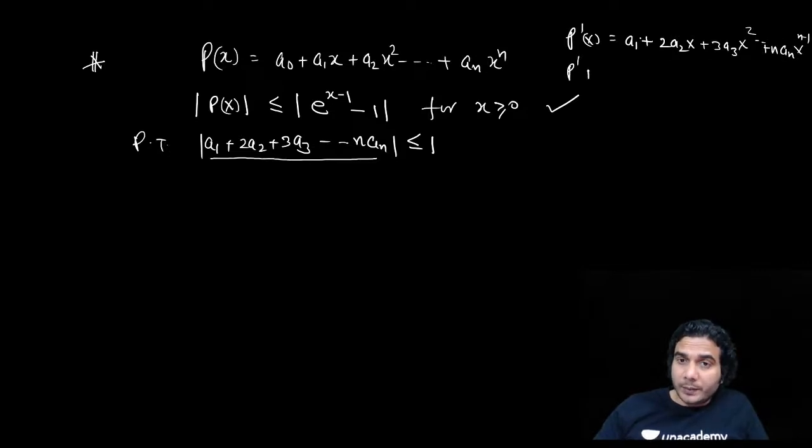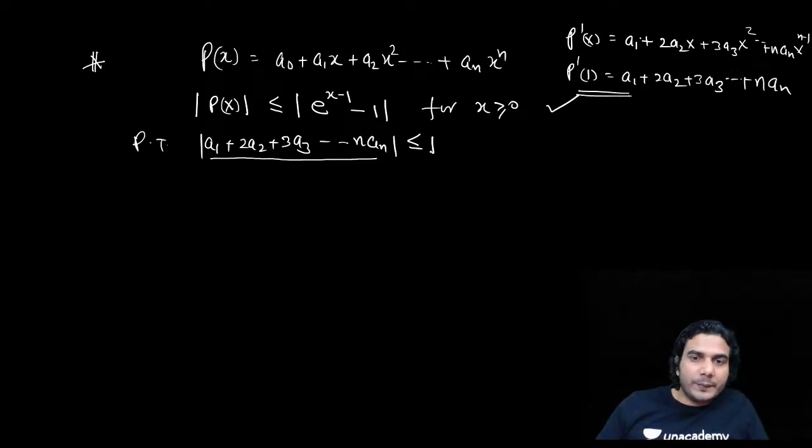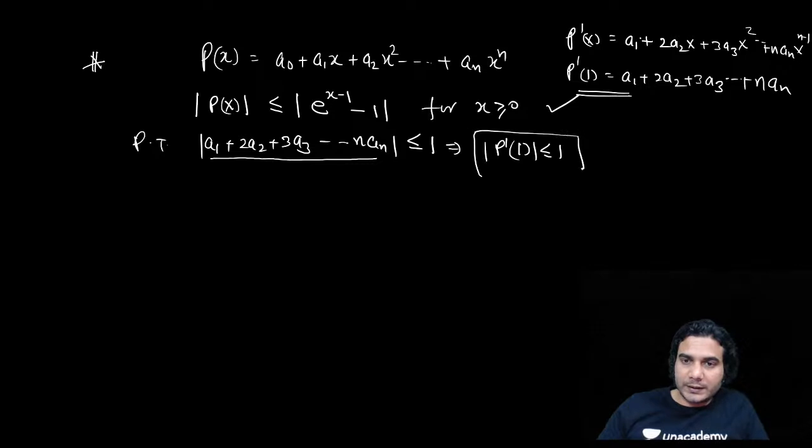And then you put x is equal to 1, so p dash 1 is going to be a1 plus 2a2 plus 3a3 and so on, which is not very difficult to figure out. So basically we need to prove that mod of p dash of 1 is less than or equal to 1. Okay, this is what we need to prove.